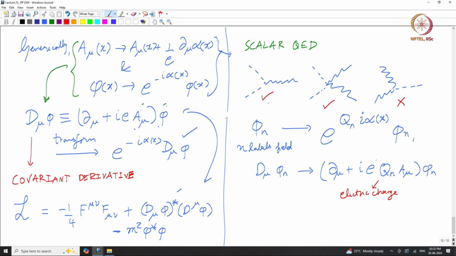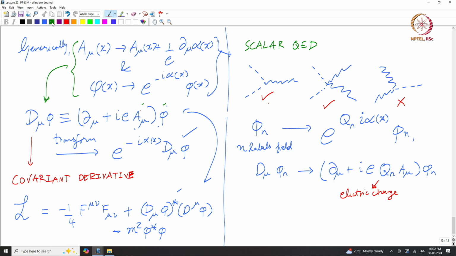Okay. The reason it is given the label E is that it reminds us of electron and all that, but then it's not part of the charge. The charge is just the Qn. Okay, good. This is where we get the notion of charge in QED.